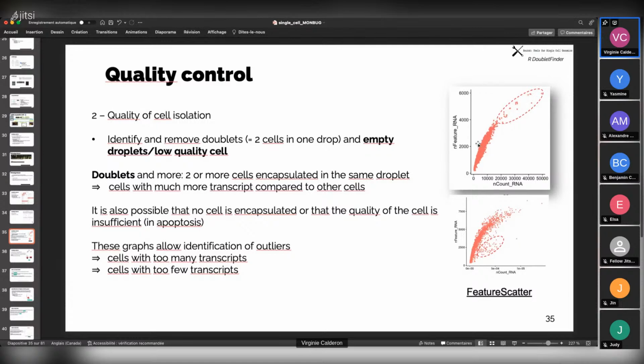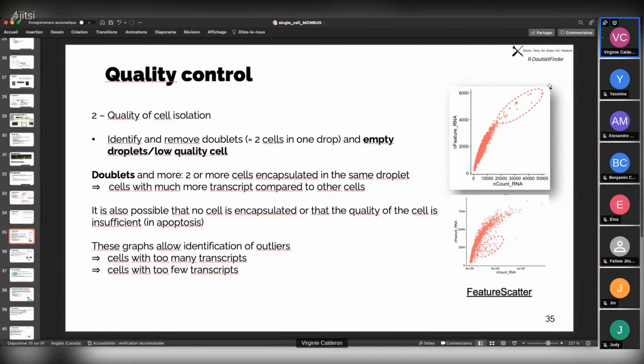That means that here you have a number of cells that have maybe three times more nFeature RNA than the other cells here. You see that you have outliers, so you can use thresholds to remove these cells.